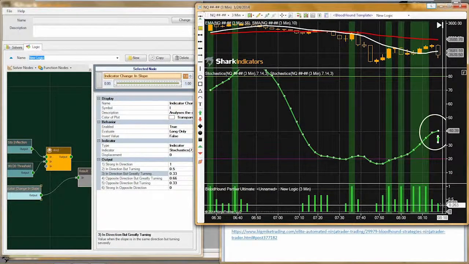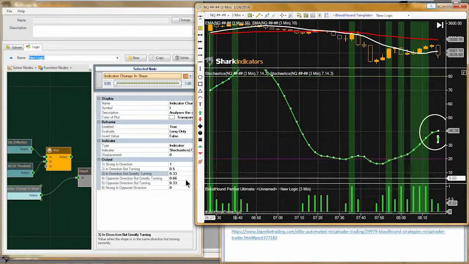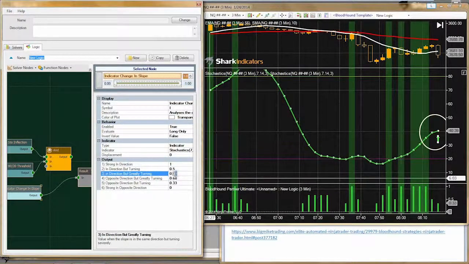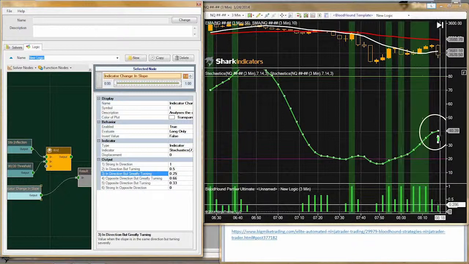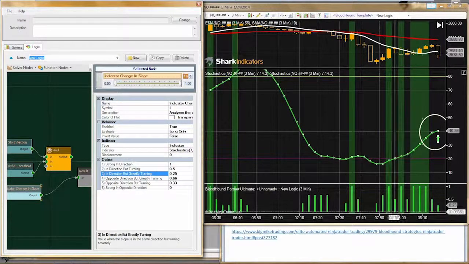And so we can see that the solver's output is now at 0.33, which matches right here. All right, and I could adjust that down to 0.25 if I wanted to. And then we can see over here the solver's output is at 0.25.